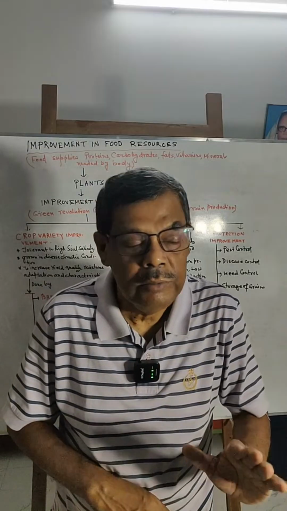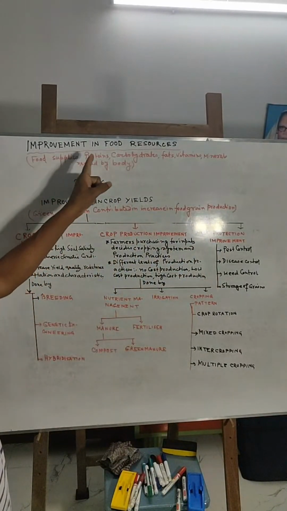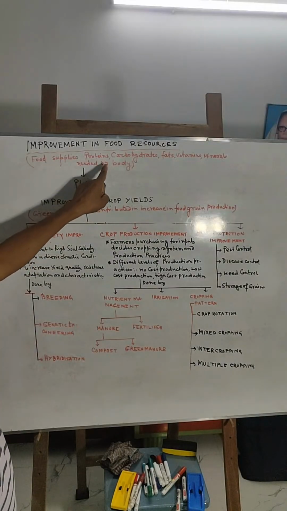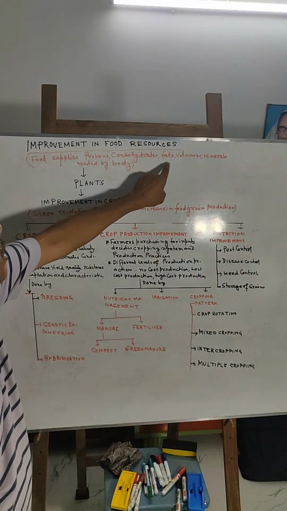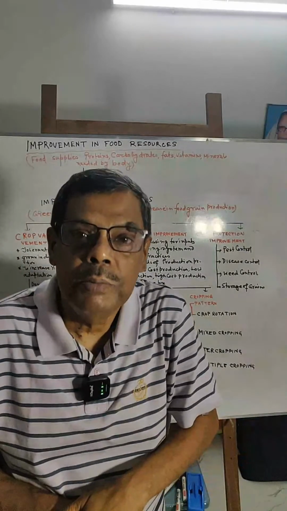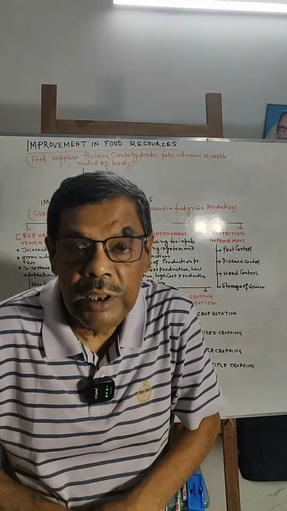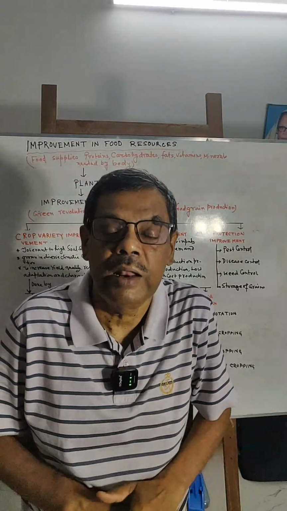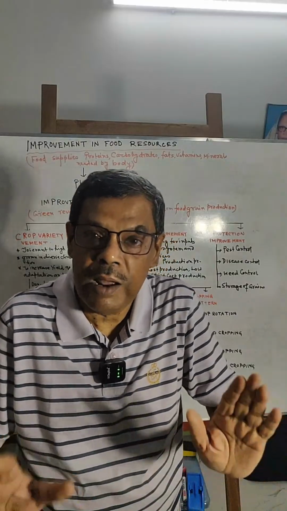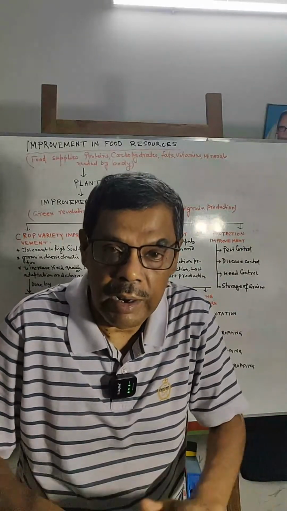First of all, you know that improvement in food resources, that is food supplies, protein, carbohydrates, fat, vitamins, minerals, are needed by your body. These food resources are of two types: one is plant, the other is animals.